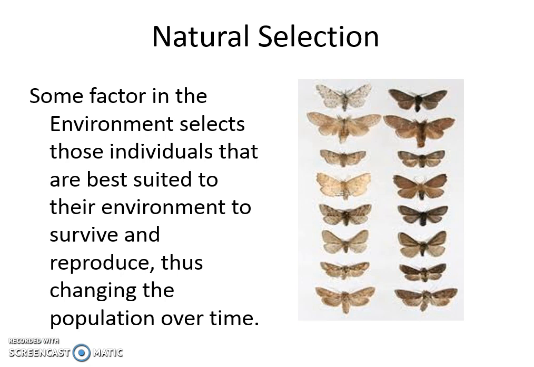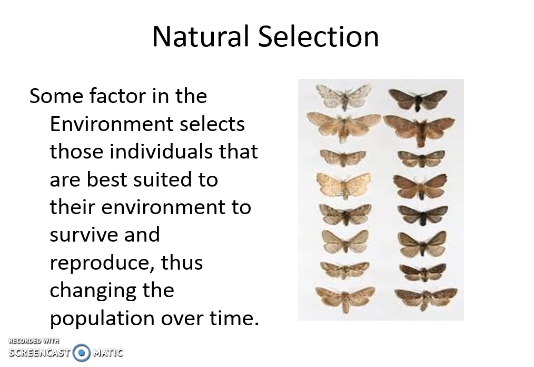Now those shifts, those changes can happen in lots of different ways. Natural selection is just one mechanism by which a population can change over time. So that's just what we're going to focus on today, but there's other ways that populations can change, like genetic drift or gene flow or mutation.